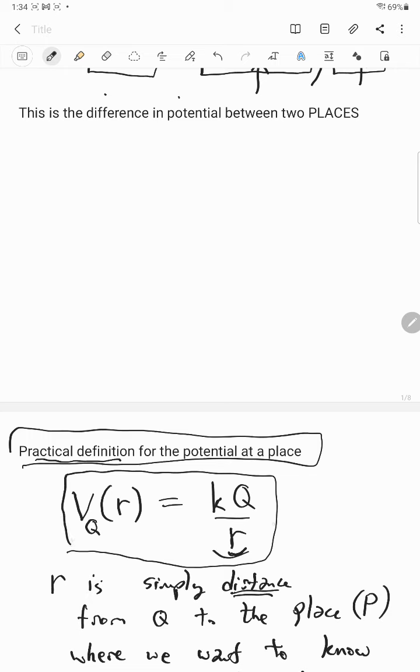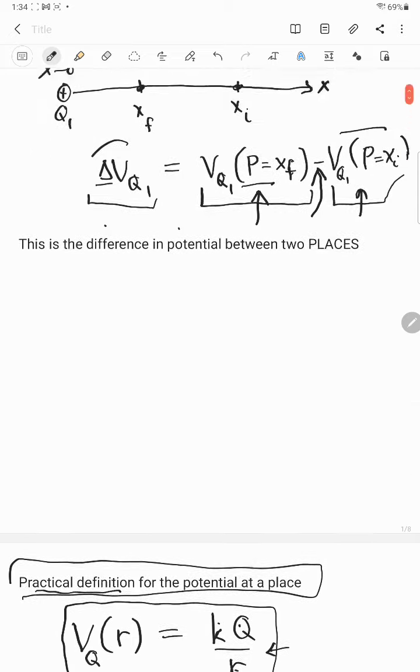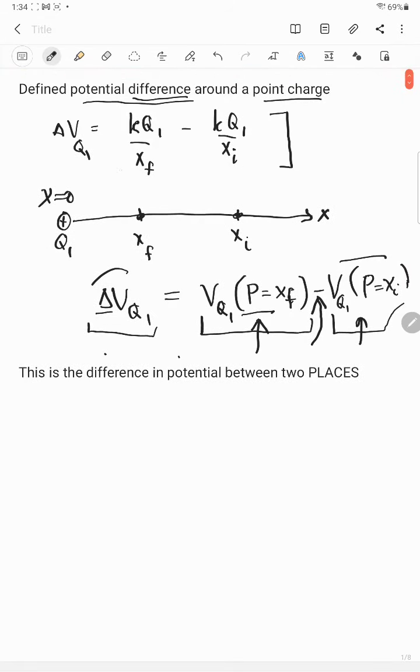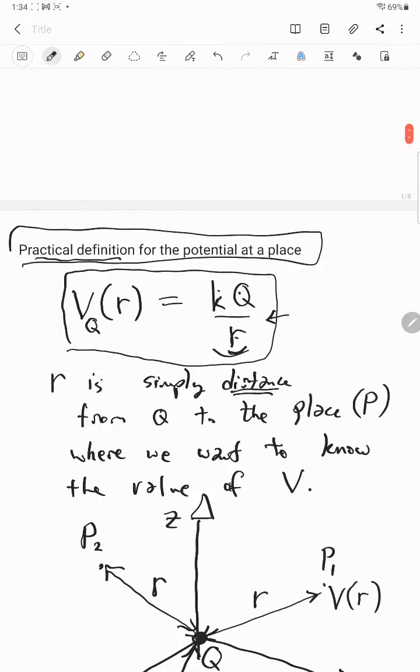If you look at how this looks, there's the k, the charge, and the distance, and this is the difference between the value at two places. So this thing is going to do what we need.